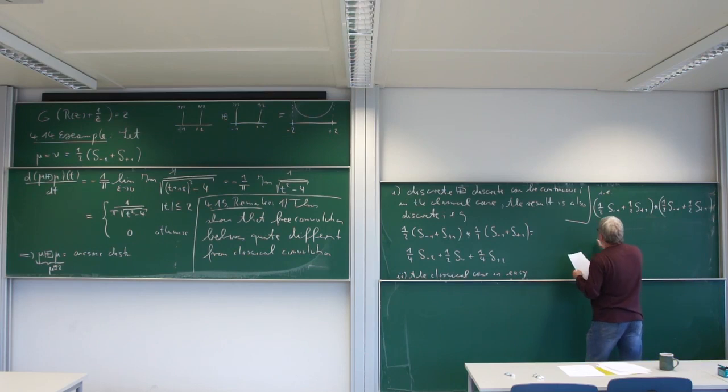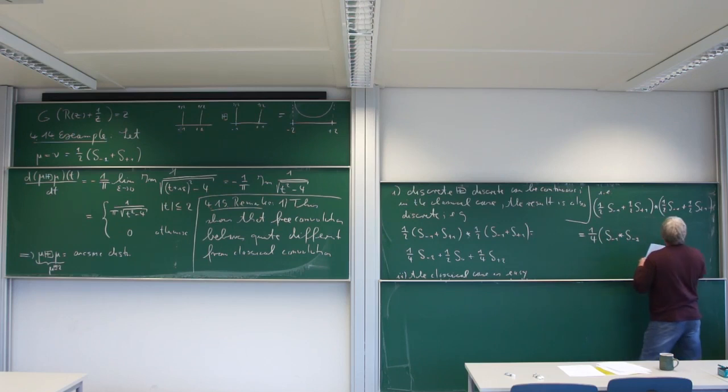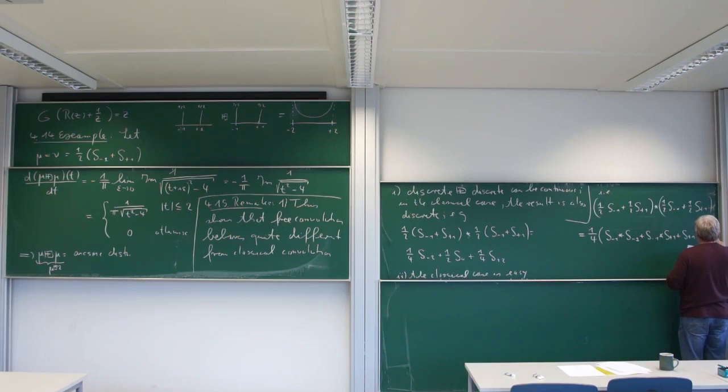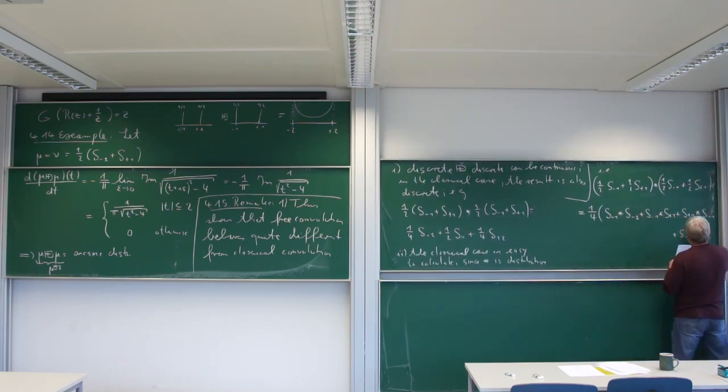I'm just multiplying the weights. So what I get is, I always have 1/2 times 1/2, so I always get 1/4, and then I have delta minus 1 plus delta minus 1 is delta minus 2, delta minus 1 plus delta plus 1 is delta 0, delta plus 1 plus delta minus 1 is delta 0, and delta plus 1 plus delta plus 1 is delta 2.